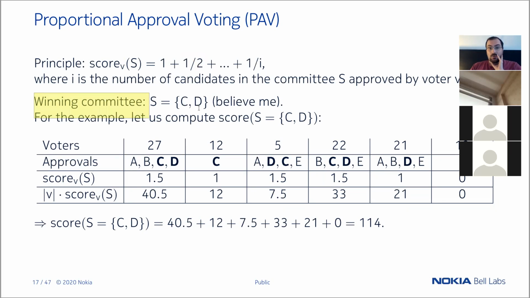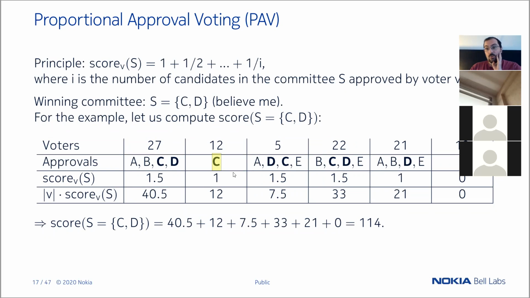We will see a bit later why it is clever to choose a harmonic sequence. In that case, the winning committee would be C and D. Believe me, I've done the computation. And for the example, we can just compute the score of this committee to illustrate the way the scores are computed. For example, these 27 voters approve of A, B, C, and D. So their level of happiness is 1.5, because they're happy once for the first candidate and half once for the second candidate.